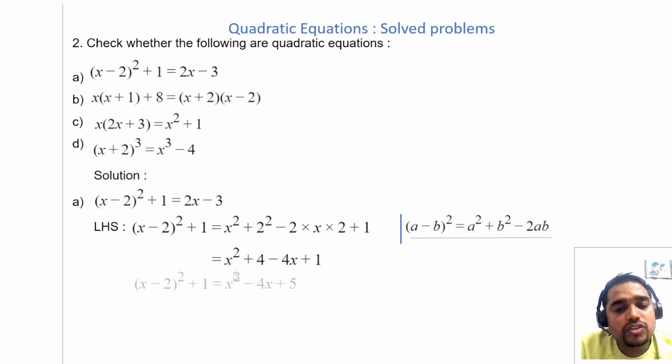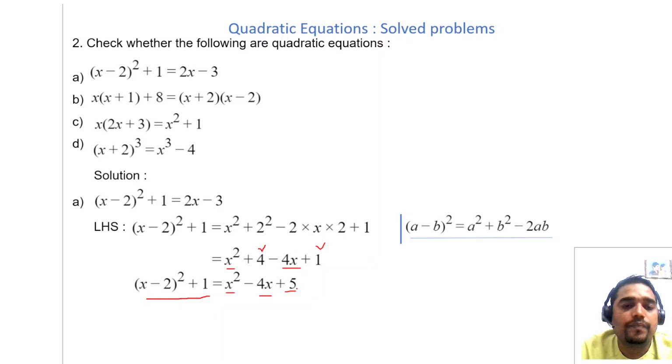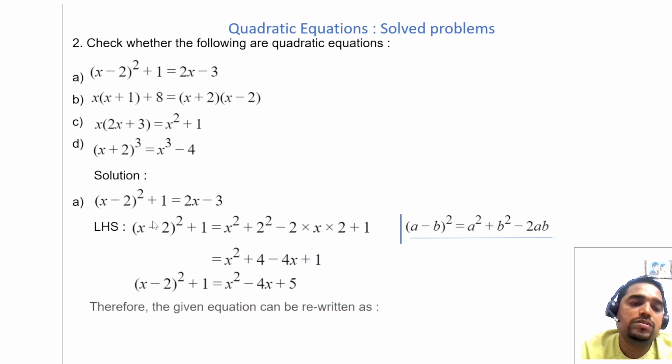Upon simplification of like terms, x square remains as it is, minus 4x is the next highest power term of x, and 4 plus 1 get added to give plus 5. So (x minus 2) whole square plus 1, simplified separately on the LHS, gives x square minus 4x plus 5. Now we will see how to use this term to solve the given equation.